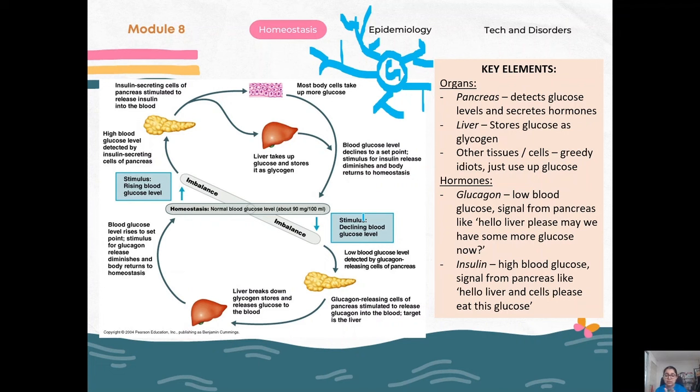Your cells need glucose, and your brain uses a lot of glucose. So it's saying, go circulate glucose to the body, and as a result, your blood glucose levels rise to that set point again.